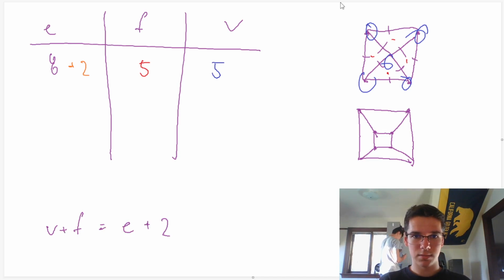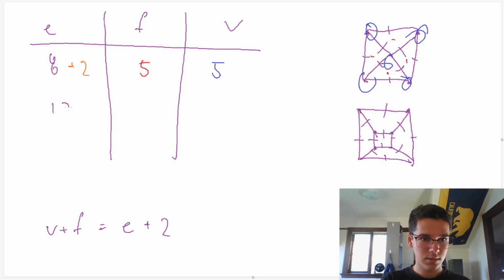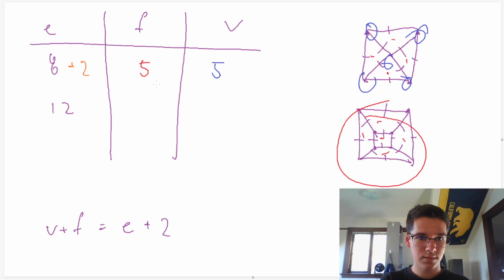Okay, just really quickly, we're going to look at this one here too. So, number of edges: 1, 2, 3, 4, 5, 6, 7, 8, 9, 10, 11, 12. Number of faces, that's going to be 1, 2, 3, 4, 5, and 6. And number of vertices is going to be 8.